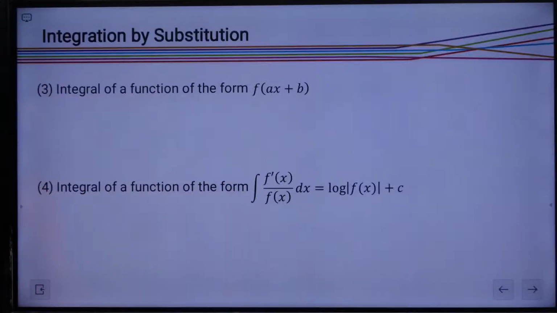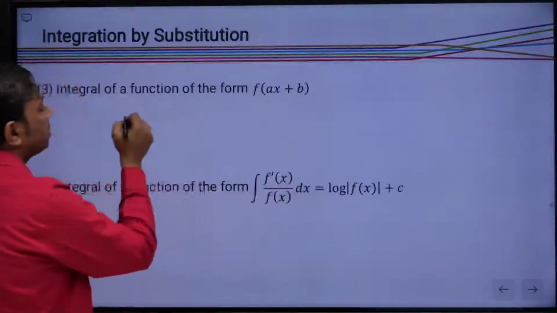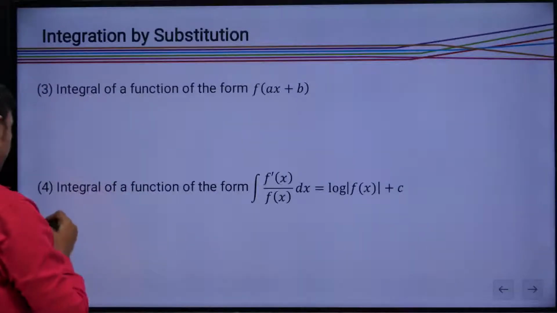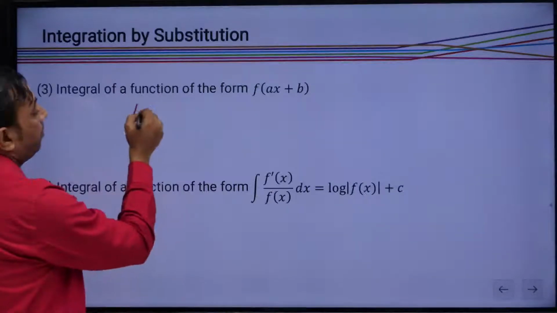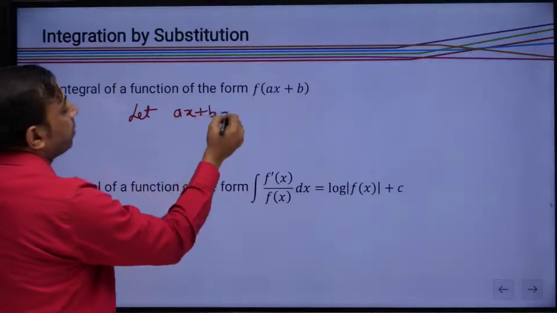Some other forms of the substitution method, if the function is of this form, function of ax plus b, okay. So, in such cases what we assume, let ax plus b equal to t.